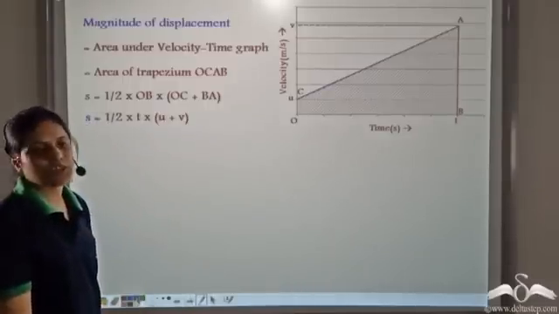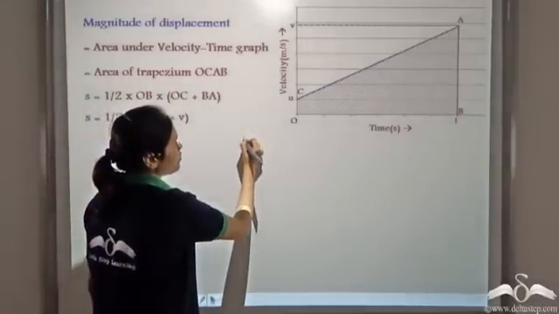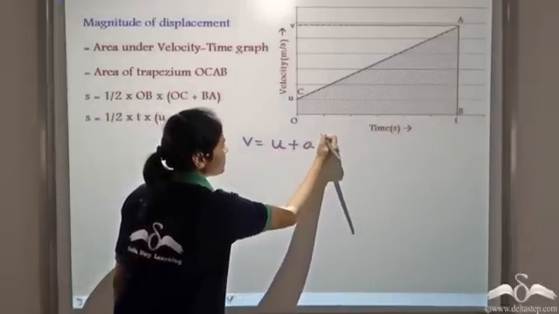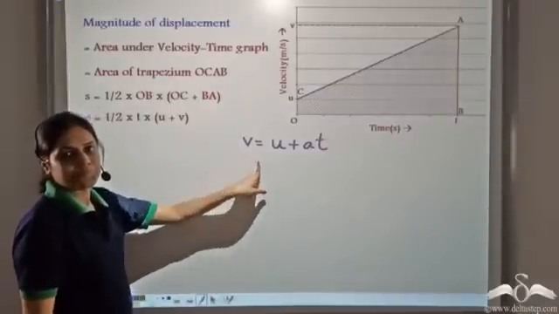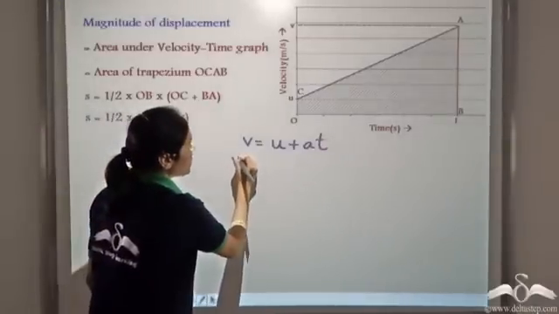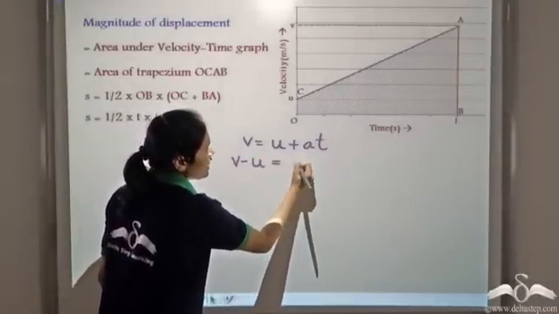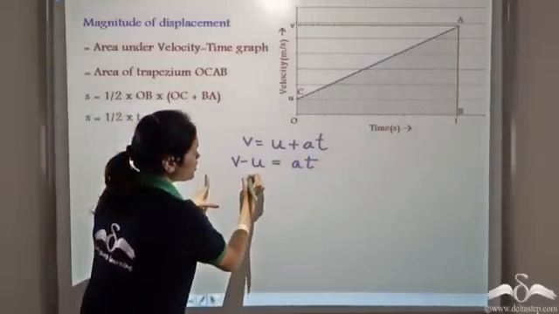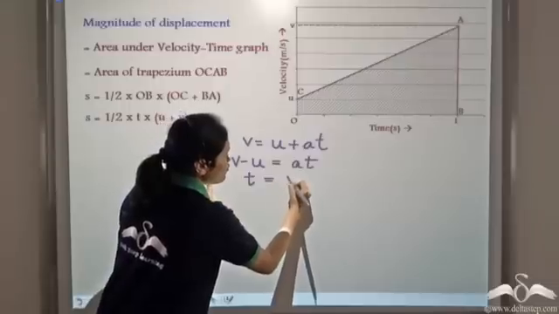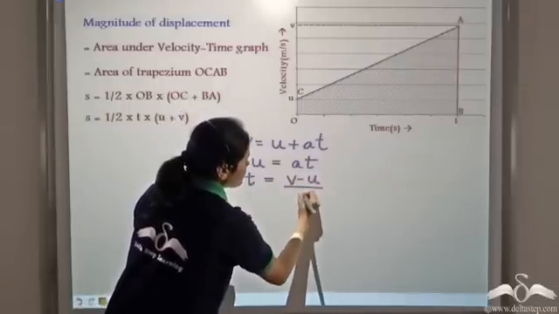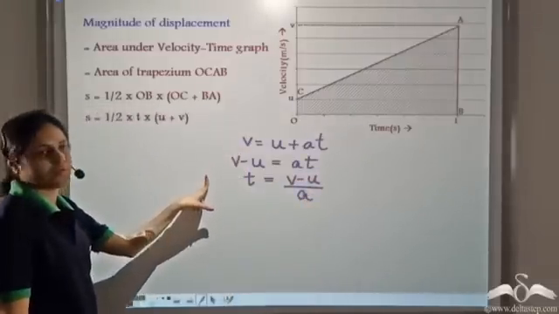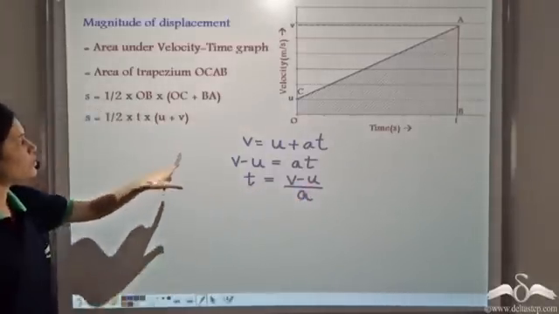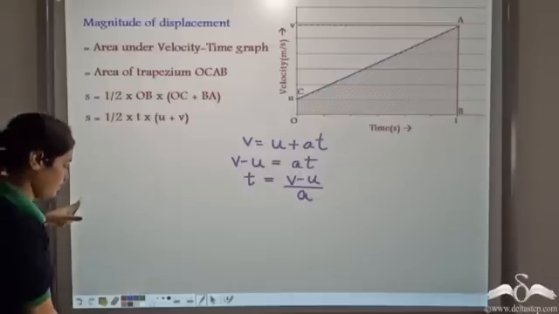Now from the first equation of motion, we know V is equal to U plus AT. V minus U is equal to A into T, or T is equal to V minus U by A. So let us substitute this value of T here.